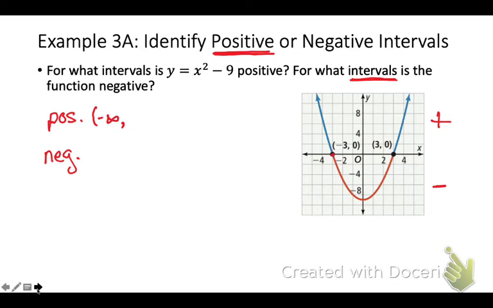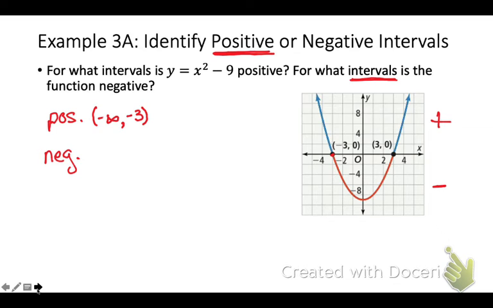So we can't include that point because it's basically 0 right there, but that's negative 3, so it's not included. So we also put a parenthesis.